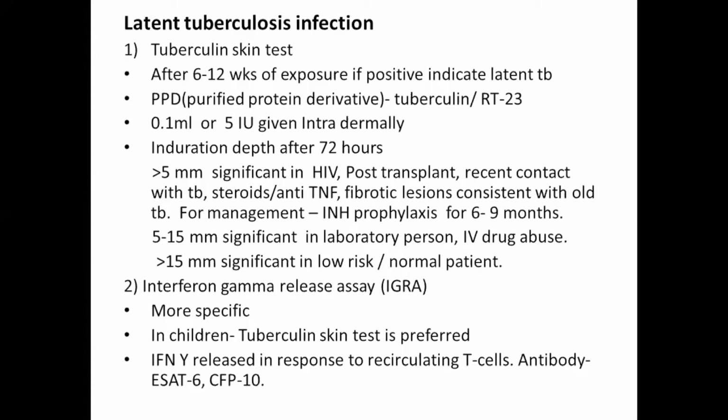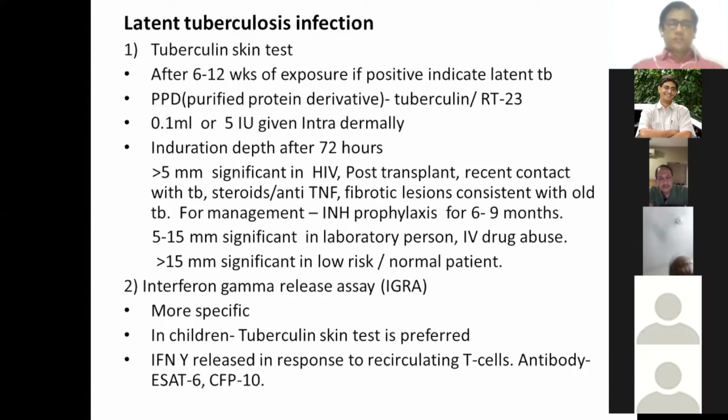Actually, given the currently available tests like the genotypic as well as the phenotypic tests, GeneXpert, LPA, and the cultures, I think the tuberculin skin test or IGRA, either of them should not be used for confirming or ruling out the diagnosis of tuberculosis. They can be useful in certain specific patient populations, as in HIV patients or rheumatological diseases who are going to be on anti-TNF therapies or high-dose steroids.